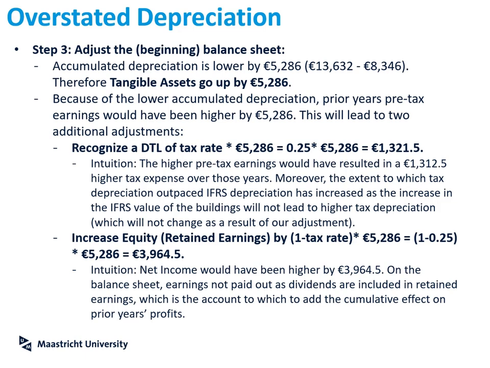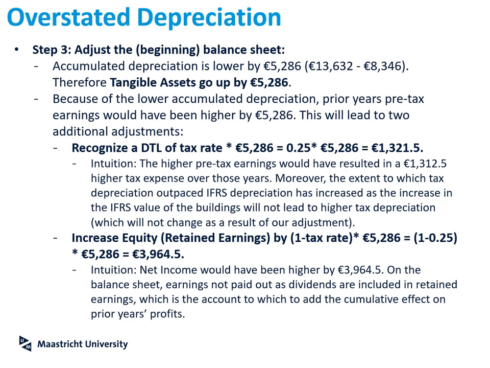We lower the depreciation by 5.286 billion. We increase because of that the tax expense by 1.321 billion. But then the after-tax effect on our profits would have been 3.964 billion.